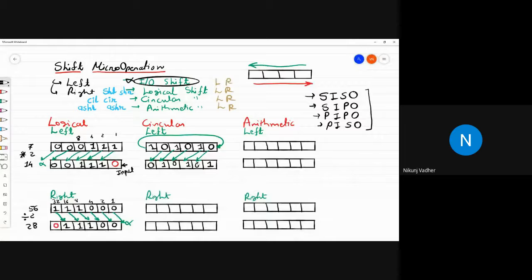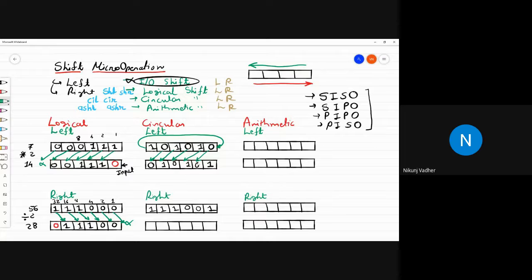We won't be looking at multiplication and division in circular left. What do we do in circular right? Let's say 1110001. In right shift we were discarding the LSB, least significant bit, or rightmost bit, and the leading space we filled with 0.